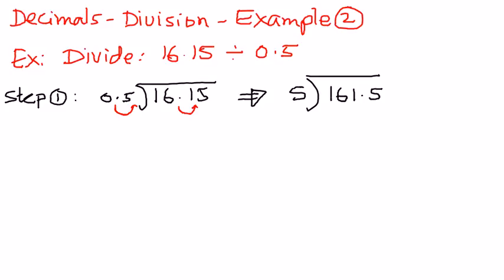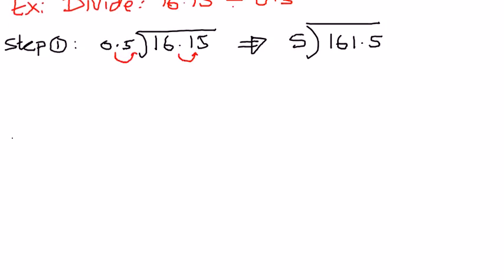So when we multiplied by 10, the decimal place moved to the right. 16.15 times 10 is 161.5, and we are dividing that number by 5, because when we multiply 0.5 by 10, that number becomes a whole number. So now we are ready to perform the division.